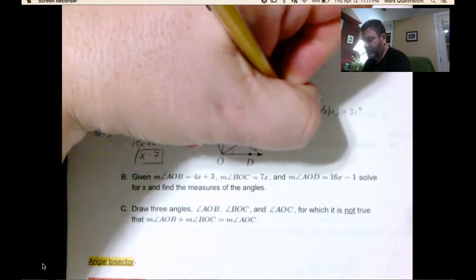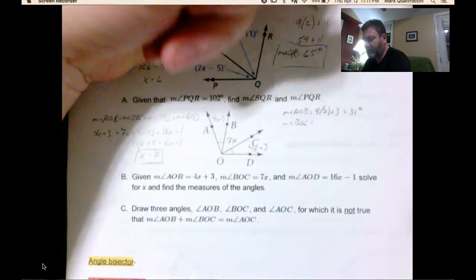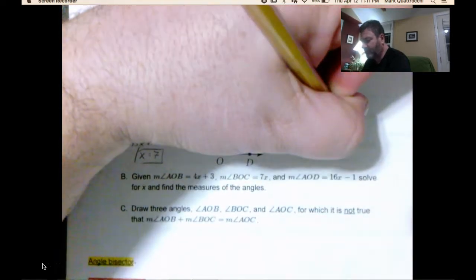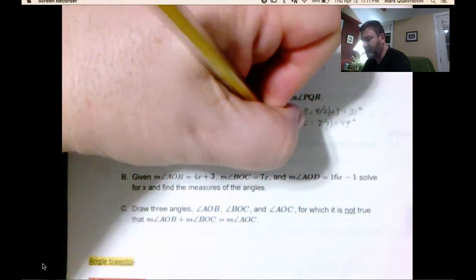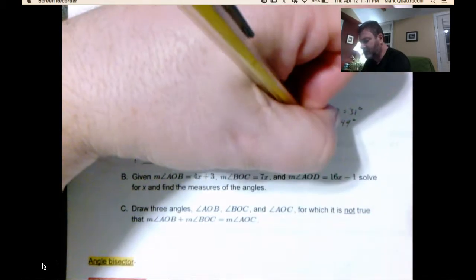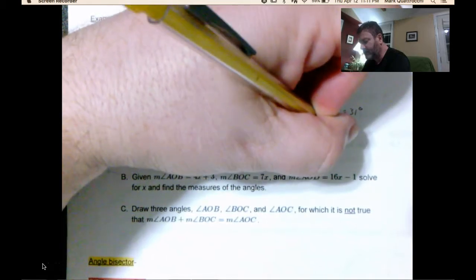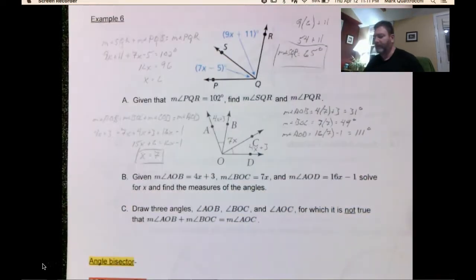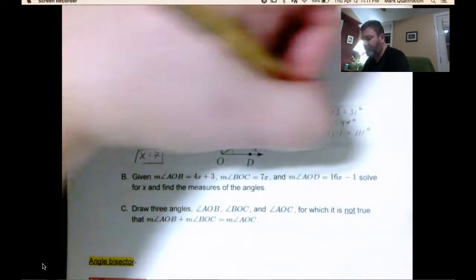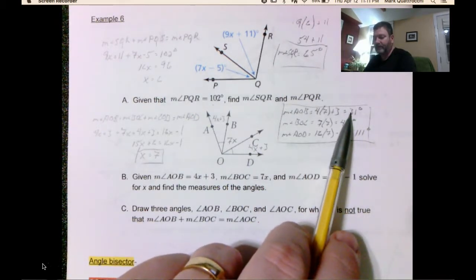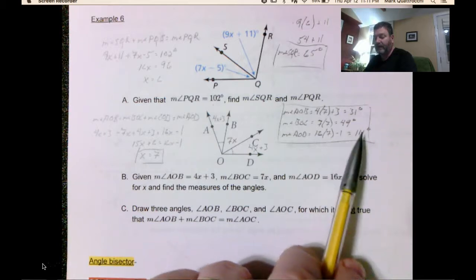Measure of angle BOC is equal to 7 times 7, or 49 degrees. And the measure of angle AOD is equal to 16 times 7 minus 1, which is equal to 111 degrees, which I believe the answer key has the wrong answers on it. These are correct. And I can check: 31 plus 31 is 62, plus 49 is 111.